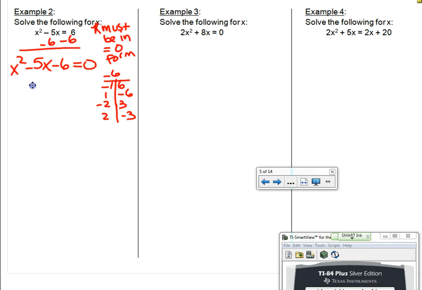Okay, those are all our ways to multiply and make -6. And the one that makes -5 is this one, 1 and -6. Okay, setting both factors equal to 0.